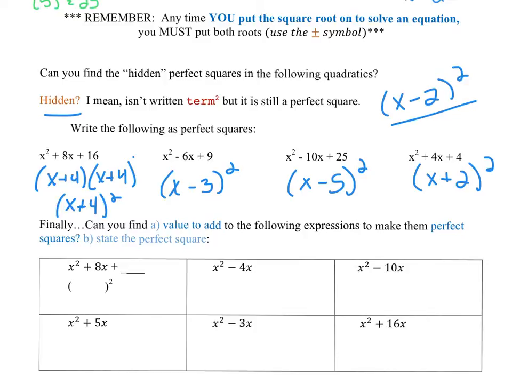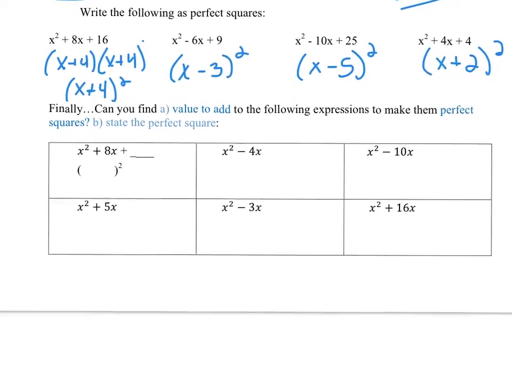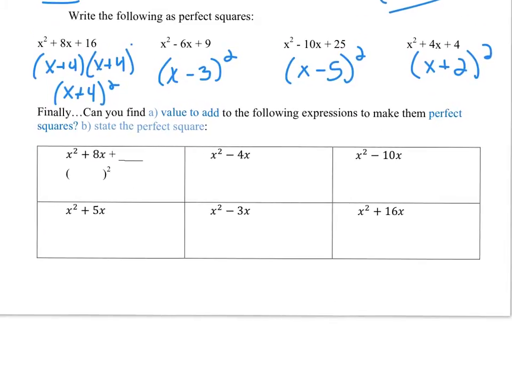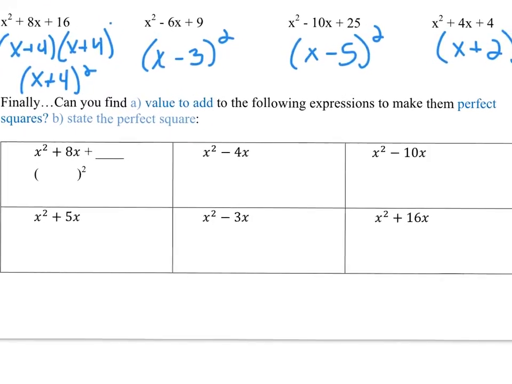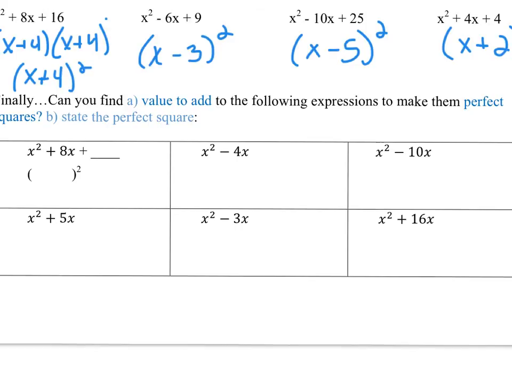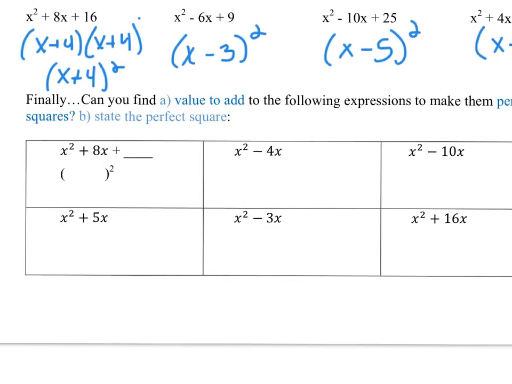So if you come down to the bottom here, you can see we can create a perfect square, and that's what we want to do. We want to find a number to add to a binomial of sorts. So this first one is a binomial, right here.